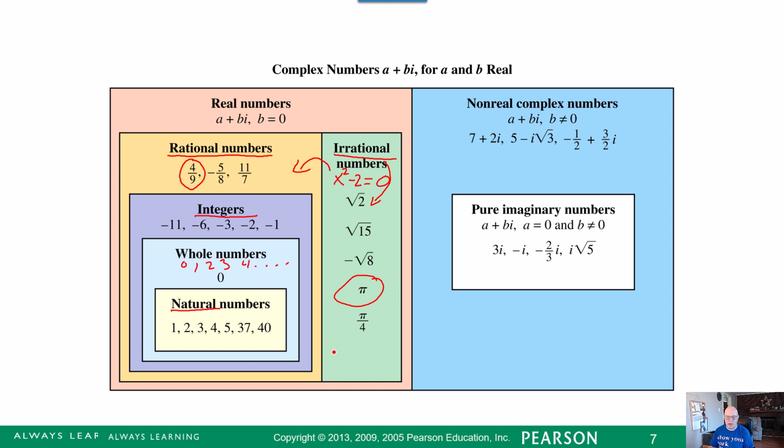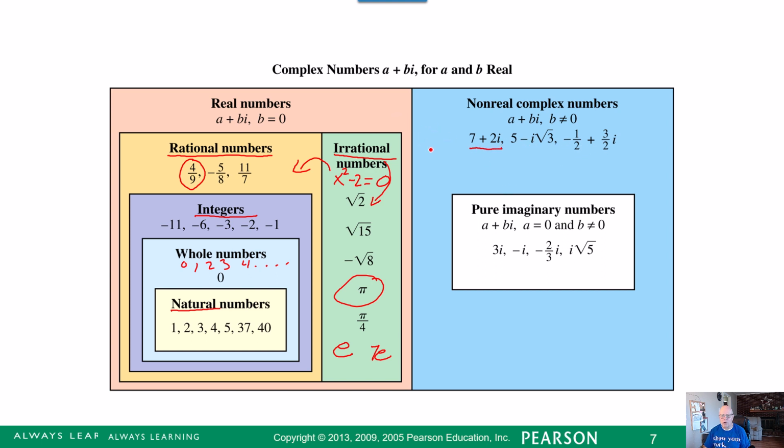Pi over 4, and just to add one, e, Euler's number, is also an irrational number, which means 7e is another irrational number. Now what we're doing is we're taking all of those numbers, numbers that make up the real number line, and we're throwing in some non-real complex numbers. So we've got ones that look like 7 plus 2i, and so on.